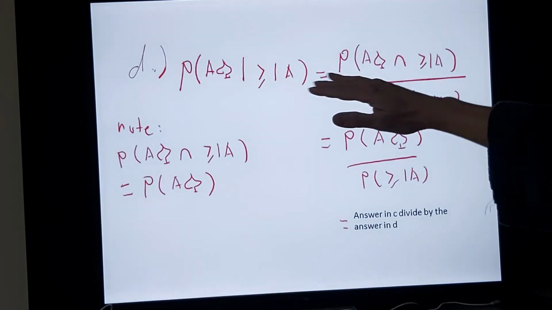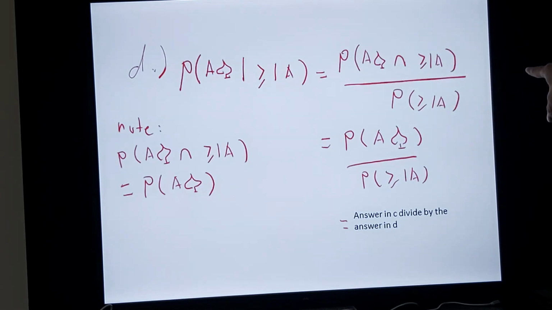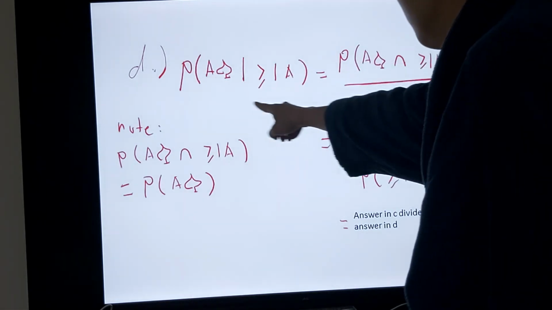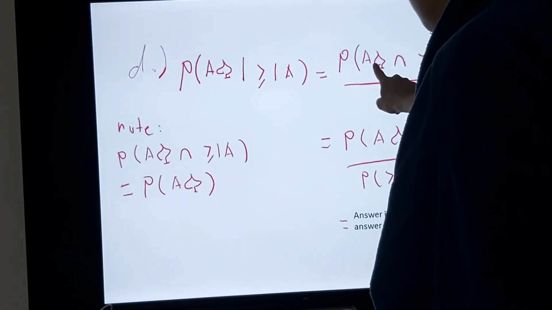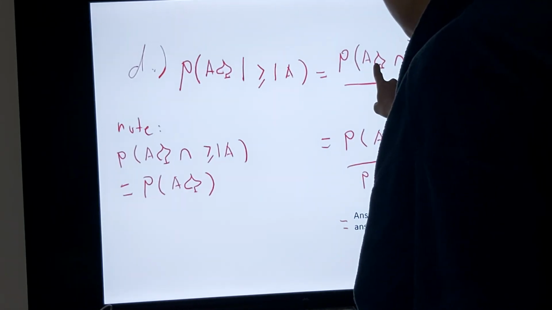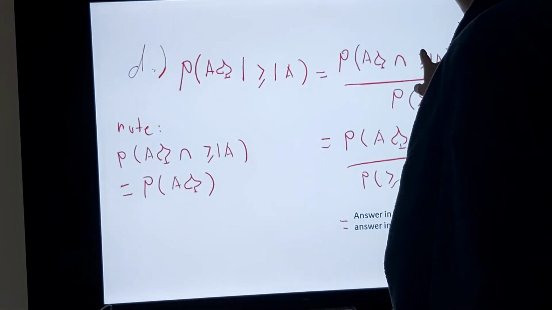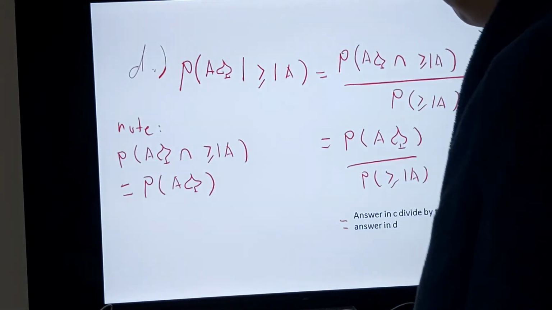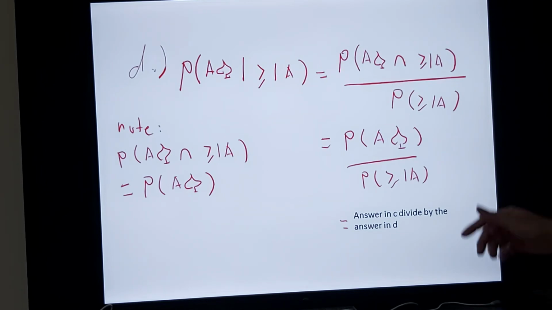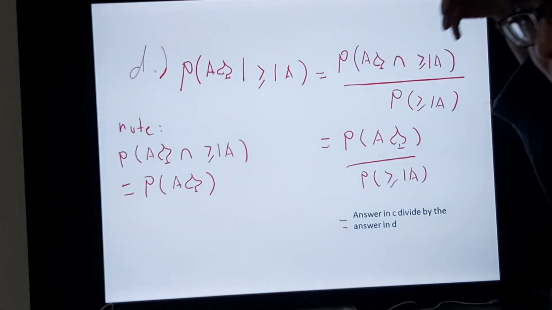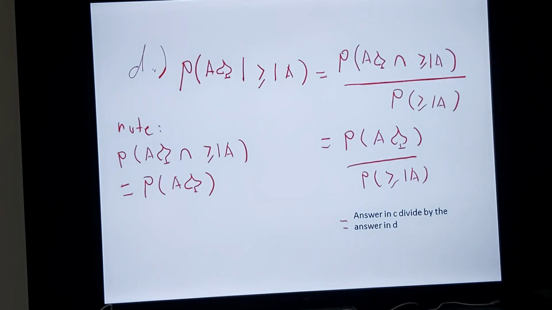According to the formula, this is what you're looking for. So it equals the probability of the ace of spades intersect with at least one ace, over the probability of at least one ace. And we already have the answers from the previous questions, and you just divide them.